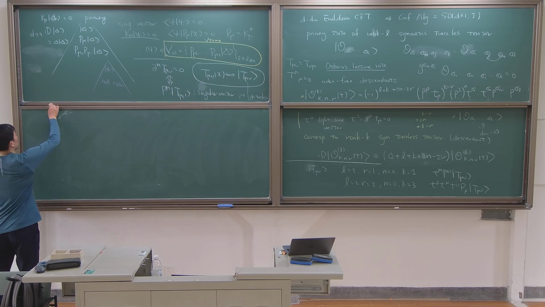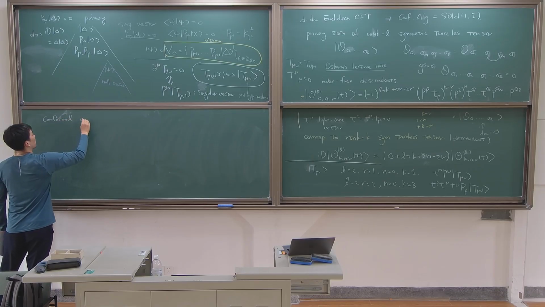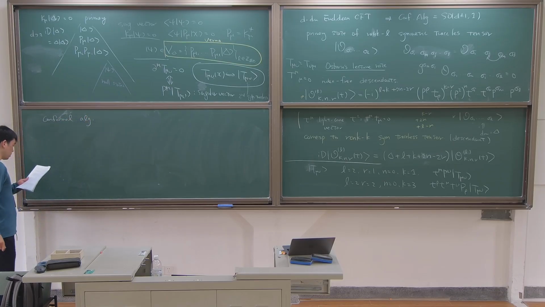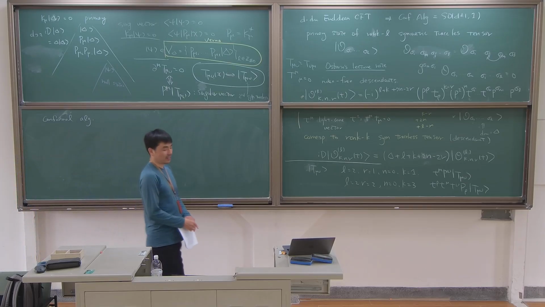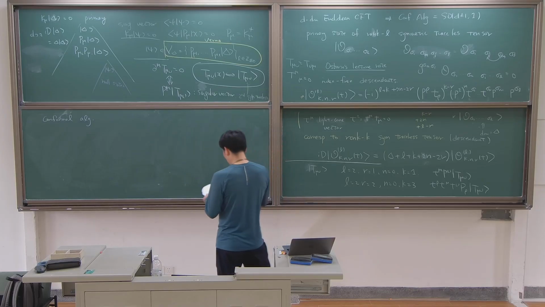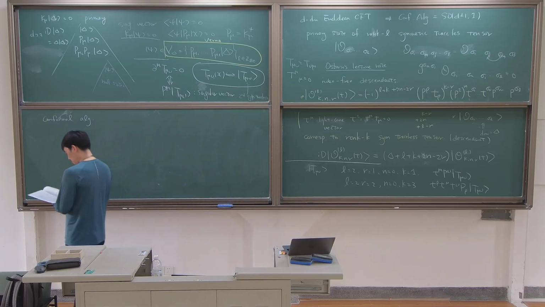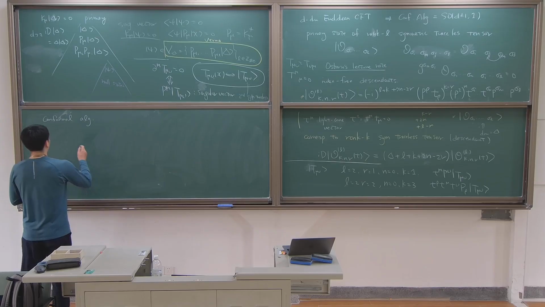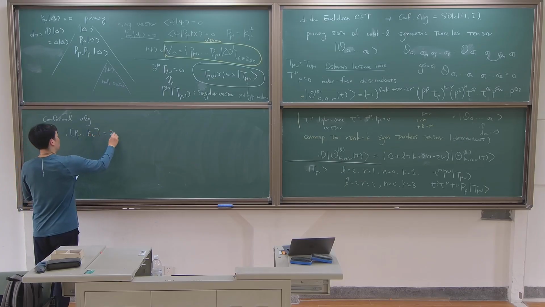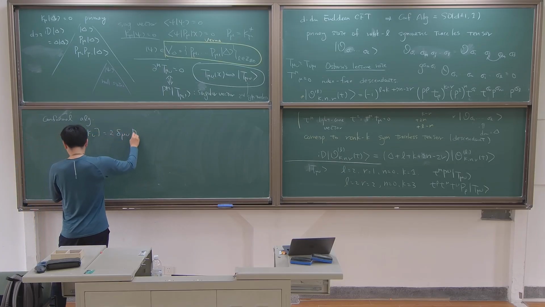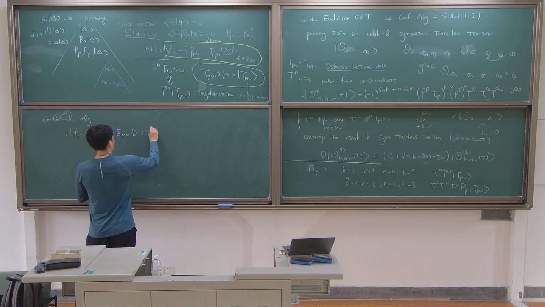And to find the null vector, let's recall the conformal algebra. We did it a long time ago. For instance, the commutator of P mu and K nu is equal to 2 delta mu nu D plus 2 J mu nu.